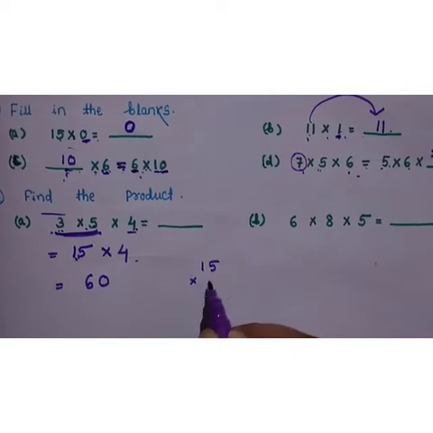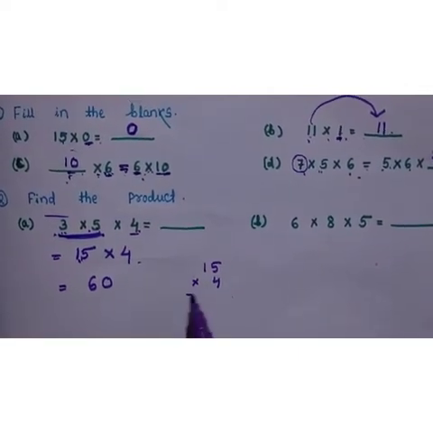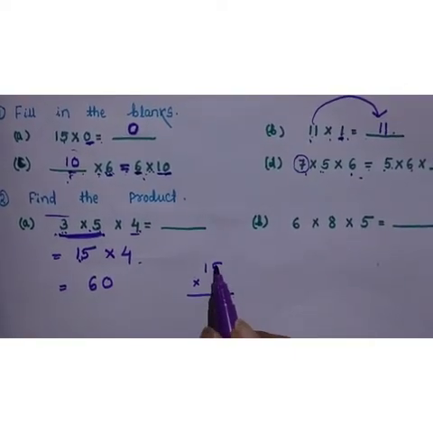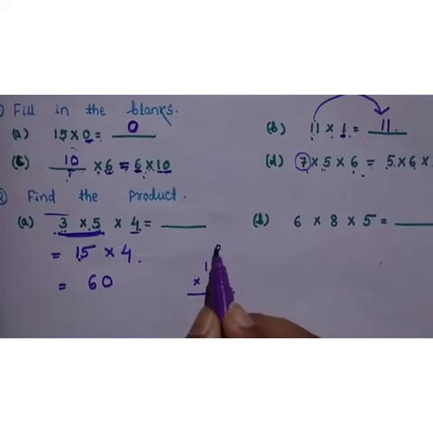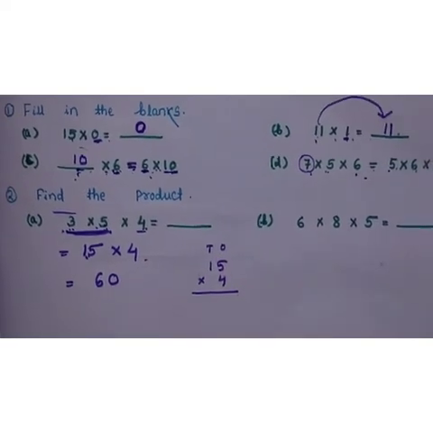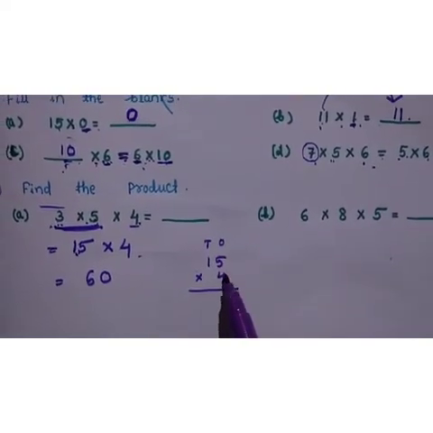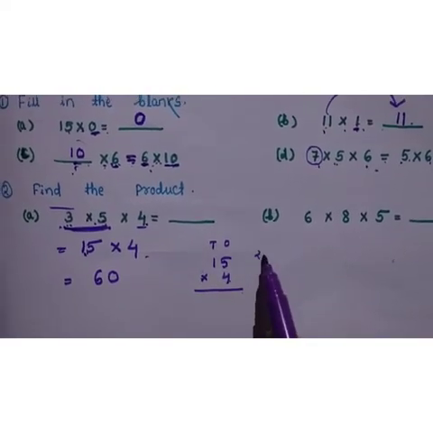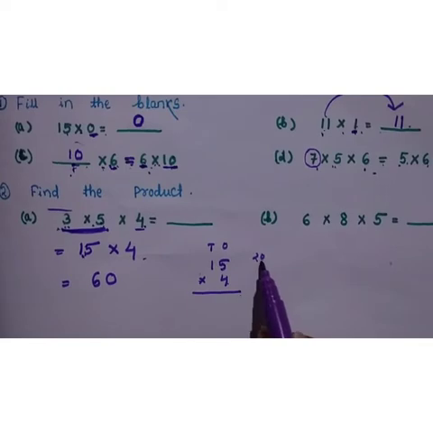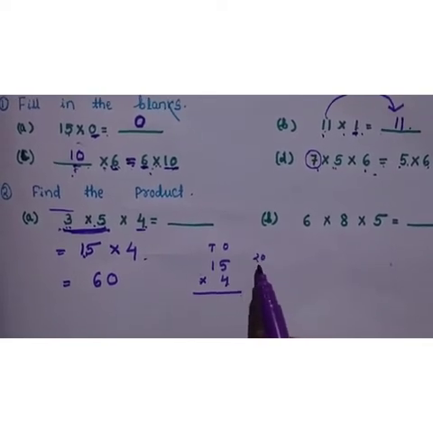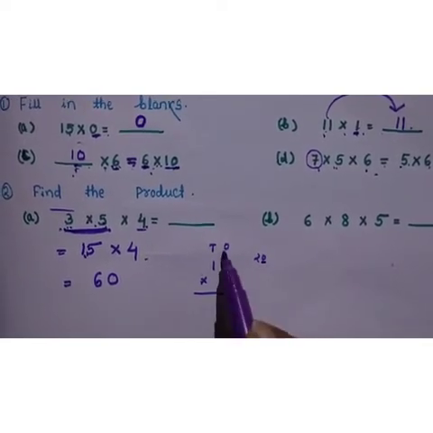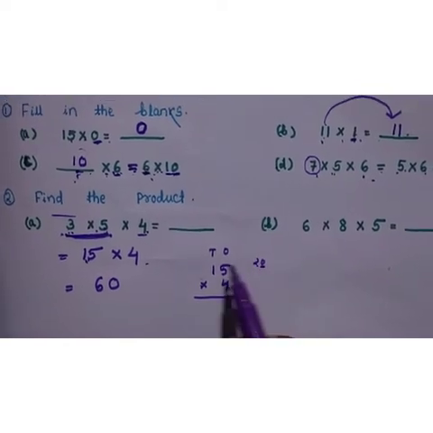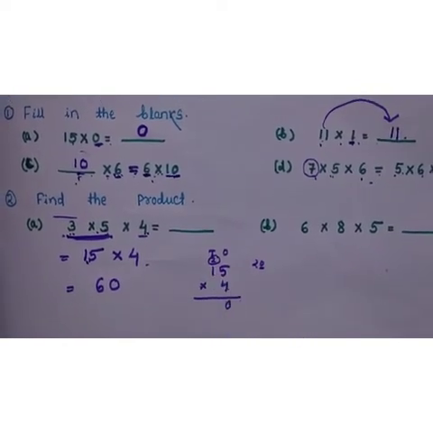15 into 4 equal to how much? This is your ones place and this is your tens place, right? So we first multiply 5 into 4. 5 fours are how much students? 20. And you know, we cannot write a 2-digit number at a time, so we write 0 under the ones column and we take 2 carry to the next column.